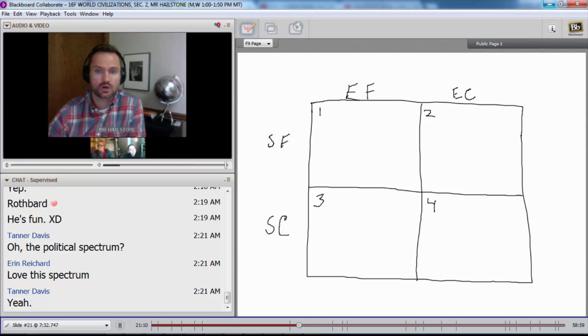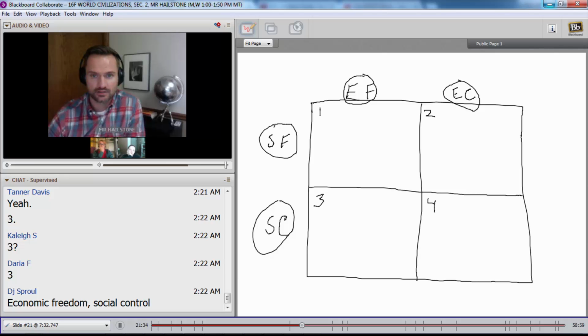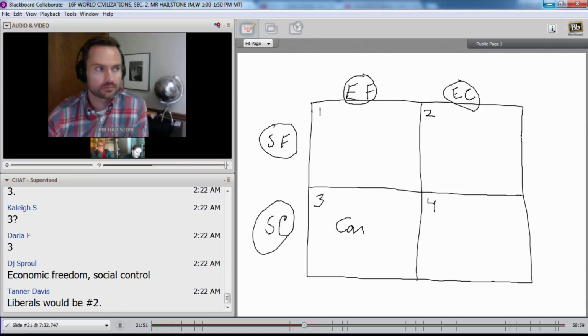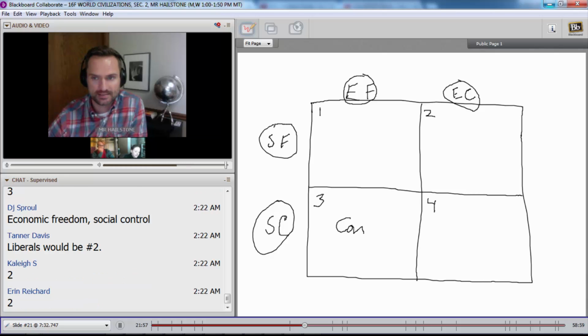Okay? So if you were looking at this, where do conservatives fall? In quadrant 1, 2, 3, or 4? Exactly. So conservatives would be right here. Let's put con. Social control, economic freedom. Where would liberals or progressives fall? Yeah, exactly.